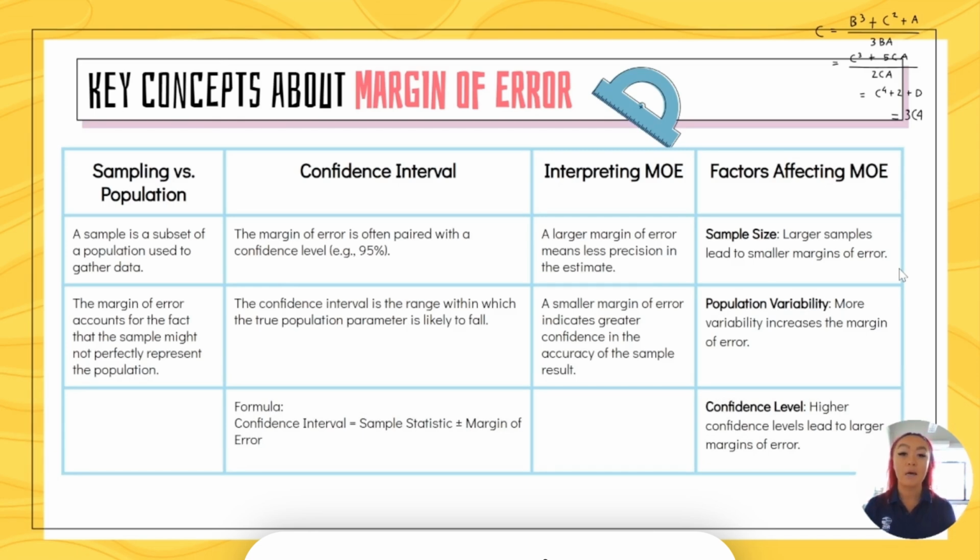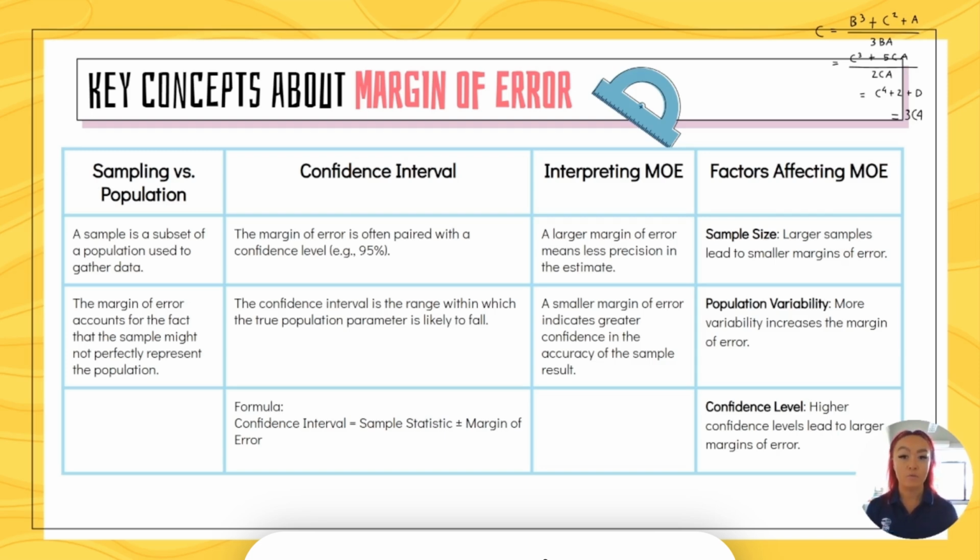So some key concepts about the margin of error: sampling versus population. A sample is just a subset of a population used to gather data and make predictions. The margin of error accounts for the fact that the sample might not be perfectly representative of the population.